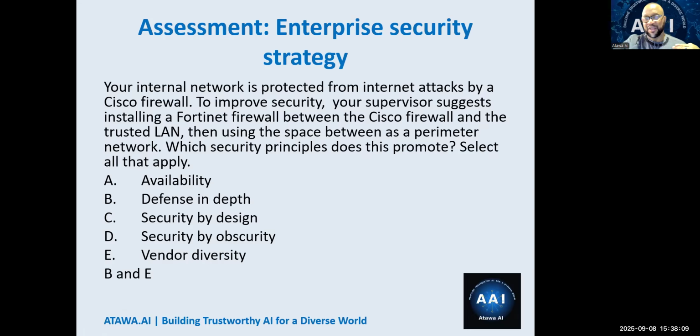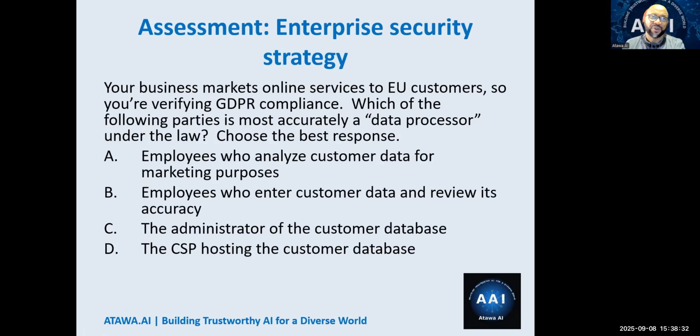Basically, if you are aware of cybersecurity, you know this is talking more about a DMZ, demilitarized zone, or screened subnet, trying to set up something like that, right? So then the space between the perimeter network. So this guy is doing defense in depth, but also you're now using vendor diversity because you're buying from Fortinet and you're also buying from Cisco, right?